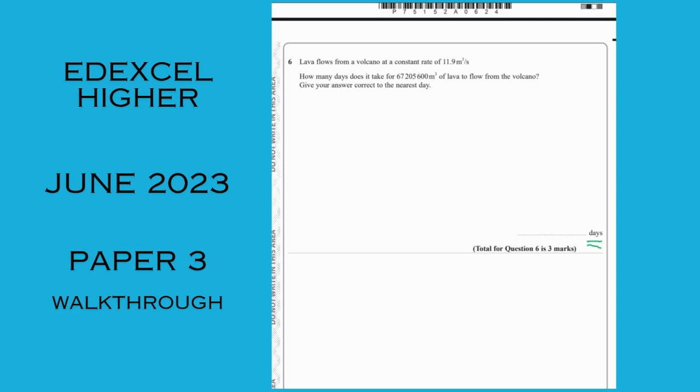And we divide it by 11.9, getting a horrible decimal. 5647,529.4 and so on. But that's in seconds. If you want to convert it to minutes, divide by 60. To hours, divide by 60 again.